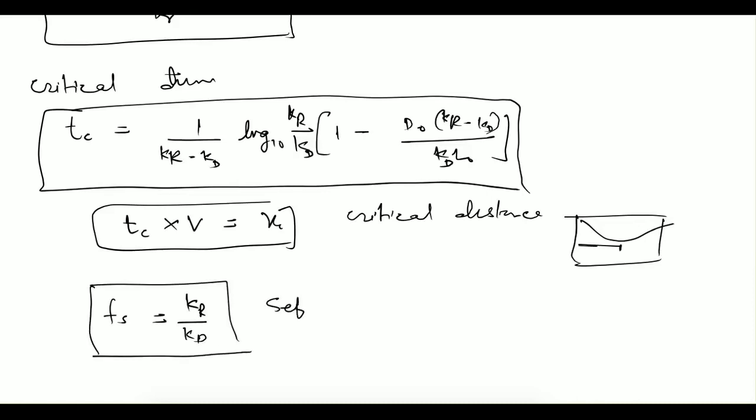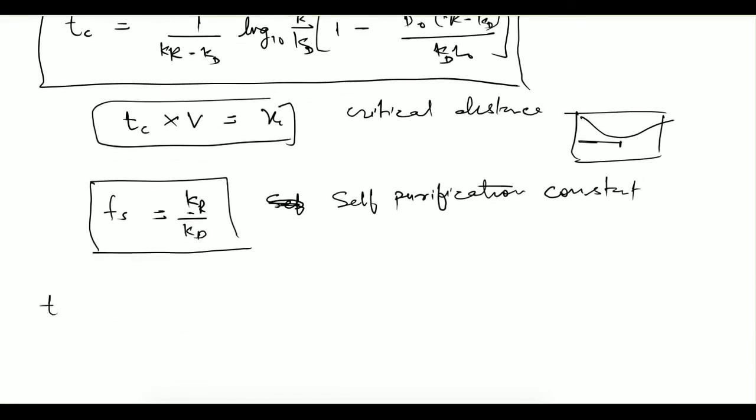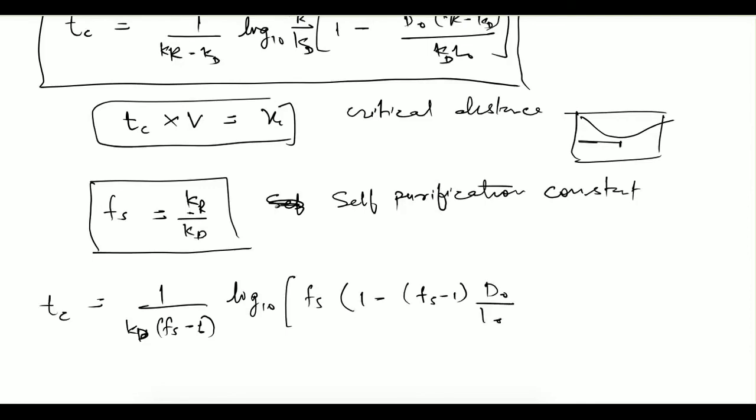Sometimes in questions, instead of these two values, you will be given the self purification constant. So these equations are modified in terms of this self purification constant. tc is given as 1 upon kd into (fs minus 1) into log base 10 of fs into 1 minus (fs minus 1) D naught upon L naught.